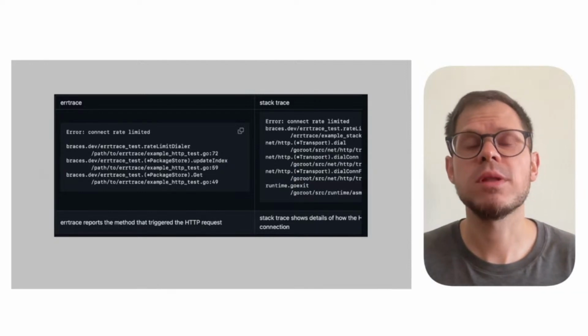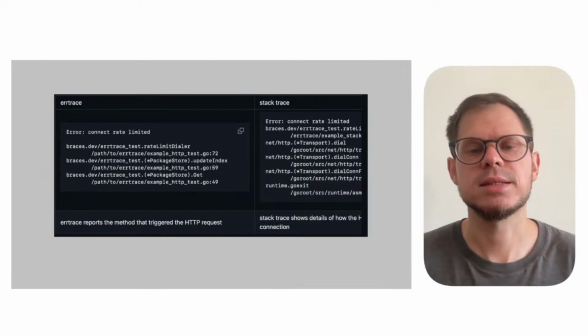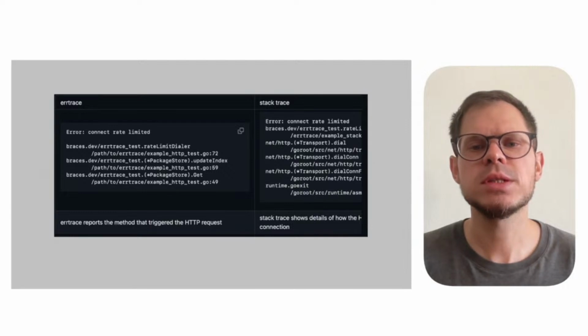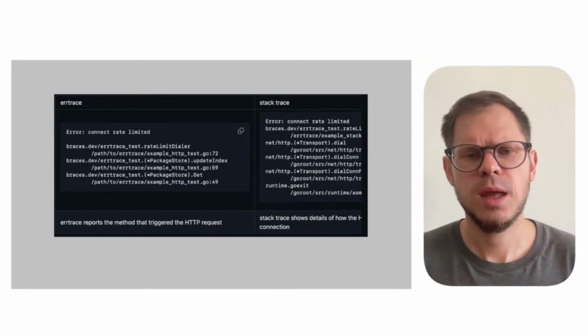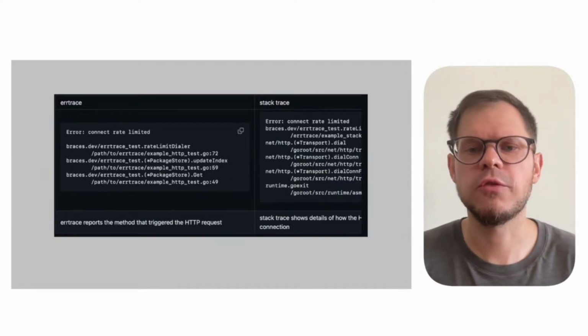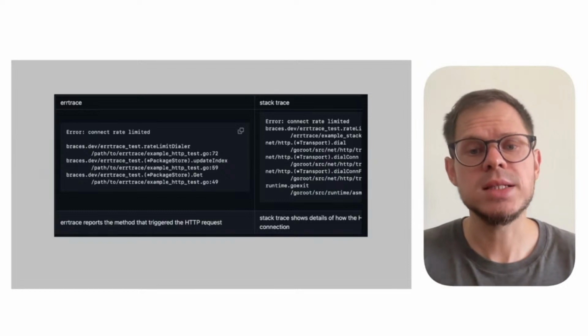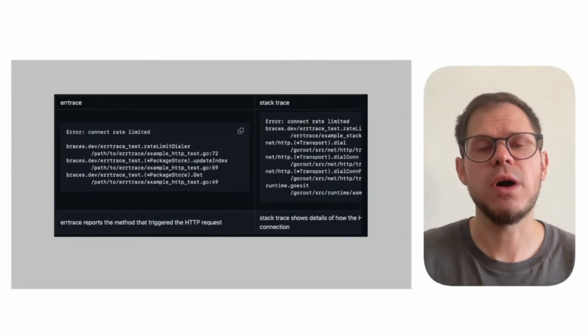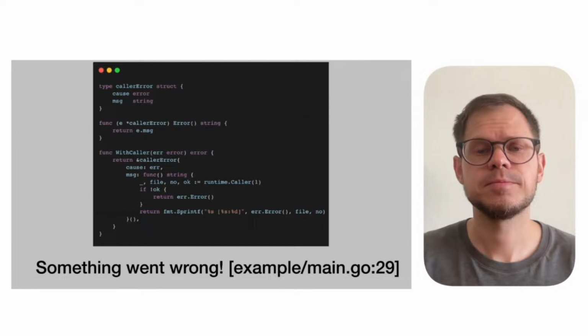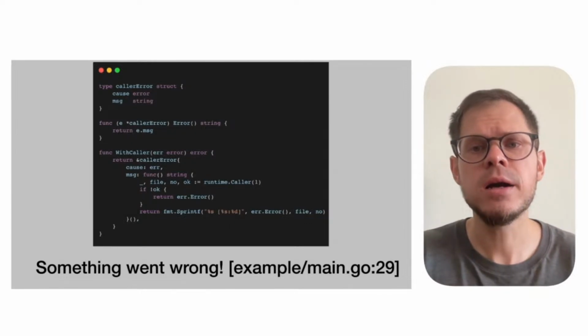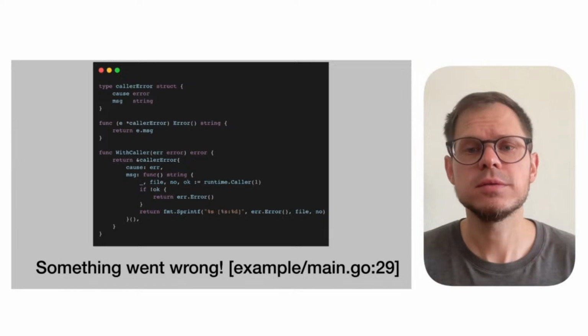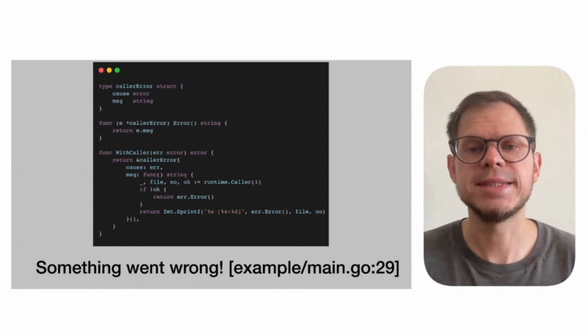There are some problems with stack traces. Sometimes they are unreadable, and we must not forget to add the stack trace in logs at the top level of our application. Adding a caller in an error also solves the problem of understanding where an error appeared.